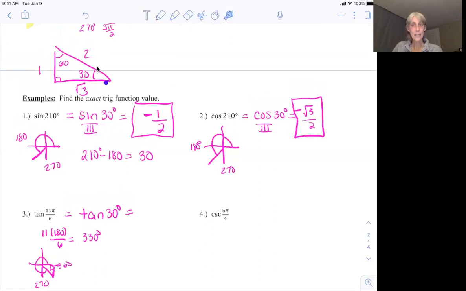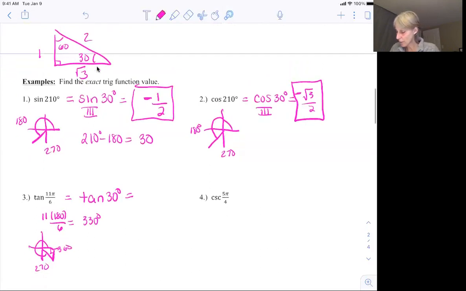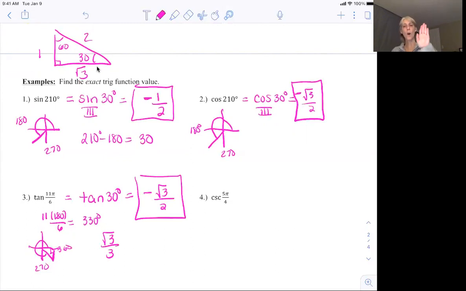Tan of 30 is opposite over adjacent. So the tan of 30 is radical 3 over 3. And in the fourth quadrant, the tangent is negative. The tangent is negative because the cosine is the only function that's positive in that quadrant. So the tan and the sine will be negative.